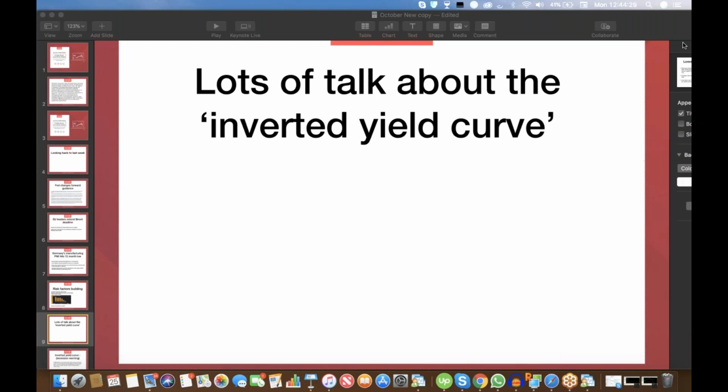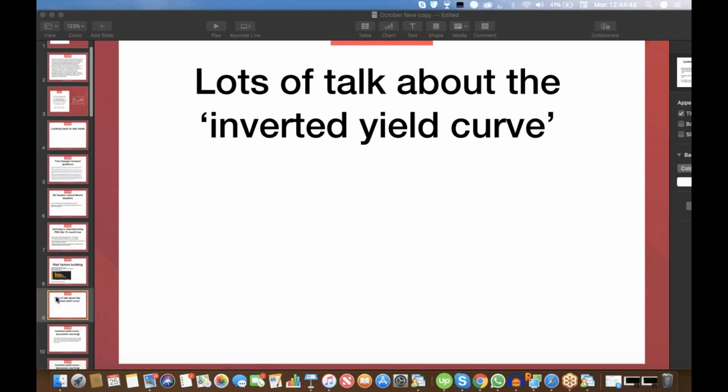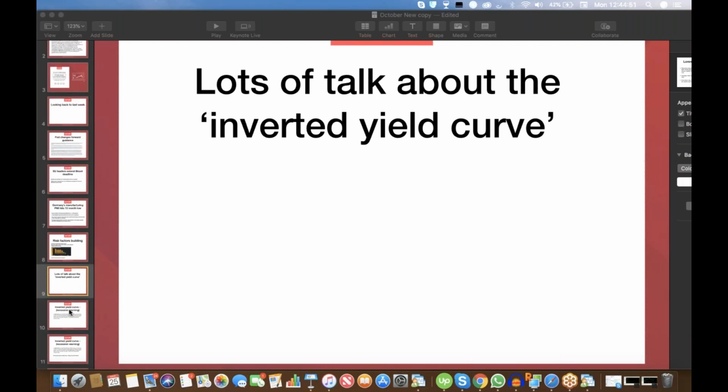So this is particularly to do with the US bond market. I wanted to just take a moment to explain to you what the inverted yield curve is, first of all, and then I want to explain the significance, just so you can understand why the market focuses on it, because it has an extremely significant impact on the financial markets.